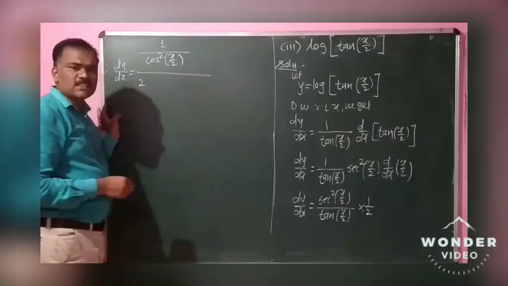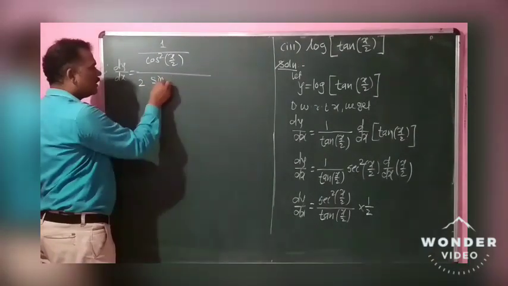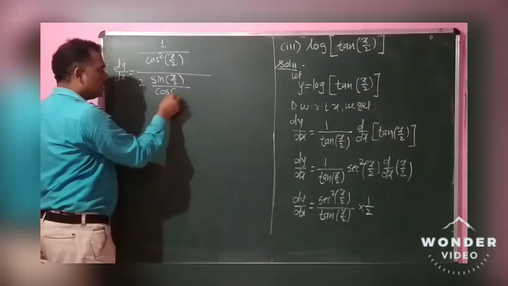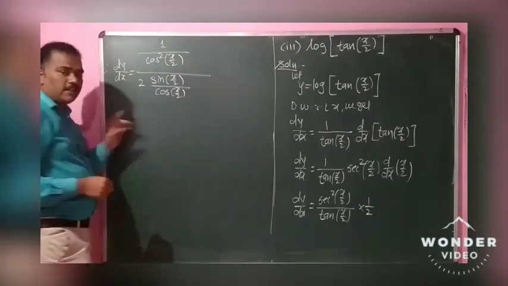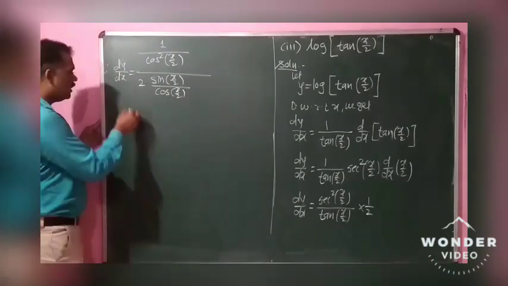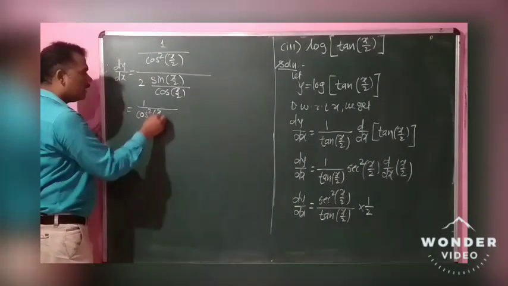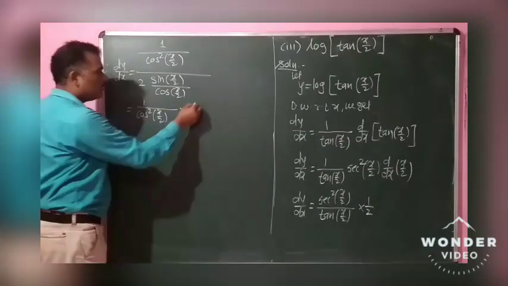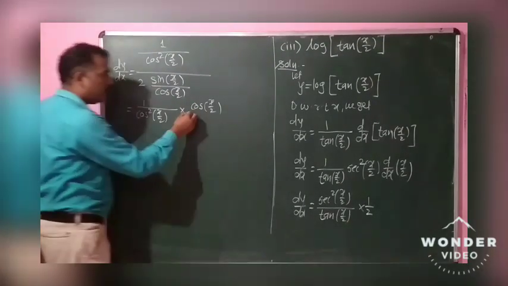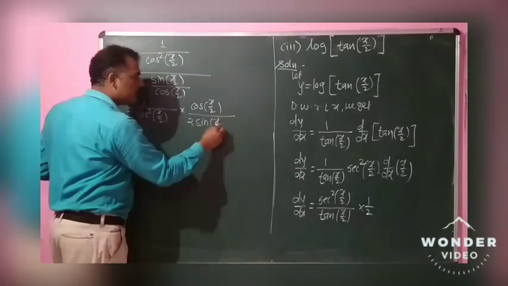Tan theta is nothing but sin theta divided by cos theta. Divided by means we multiply by its reciprocal, that is 1 by cos square x by 2 into cos of x by 2 divided by 2 times sin of x by 2.